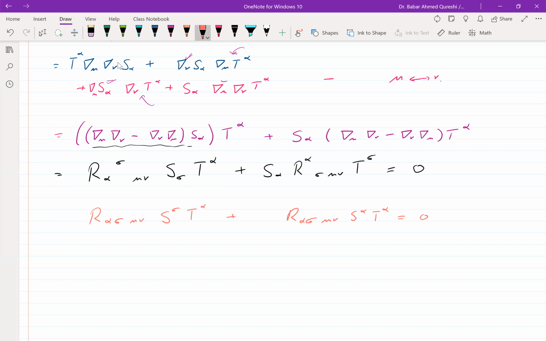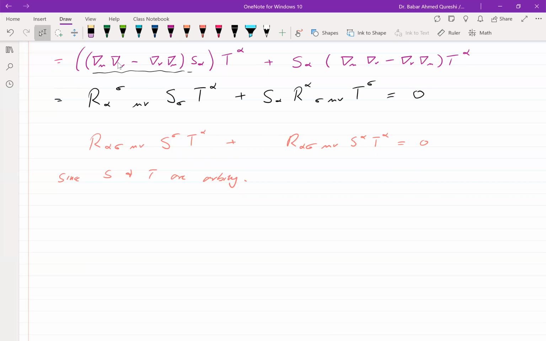And since S and T are arbitrary, so then you get R alpha sigma, wait, well, I have to do something more. Let's not write it yet.